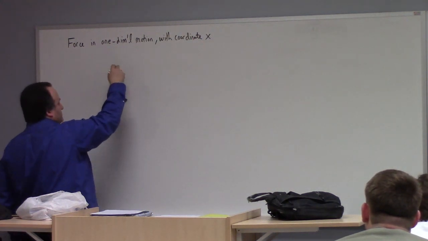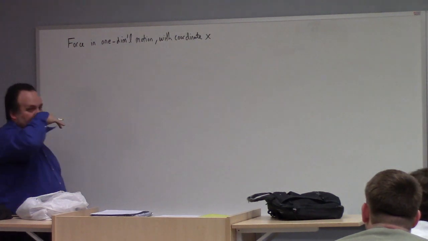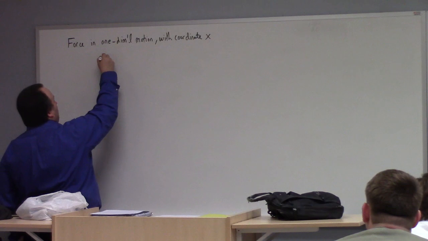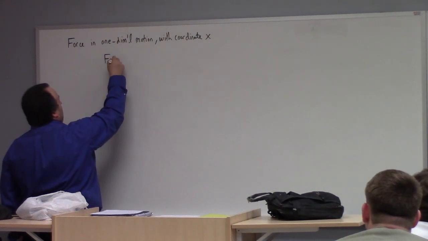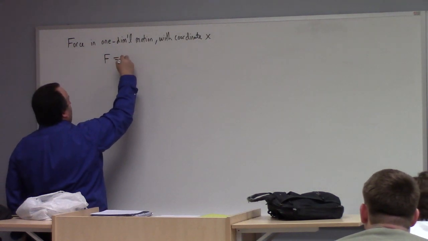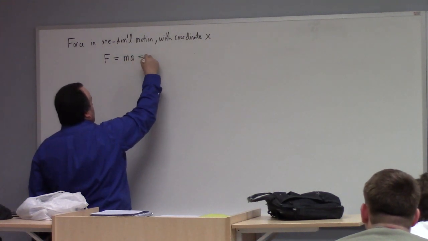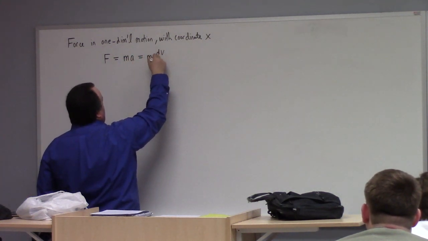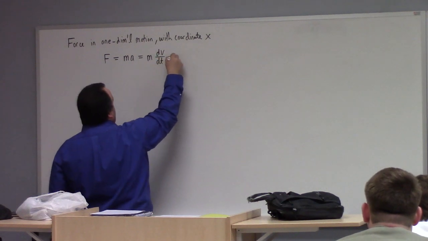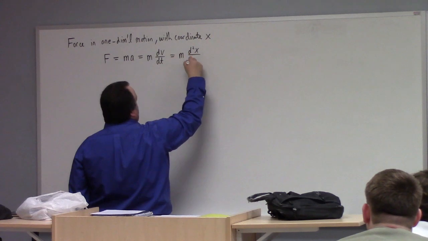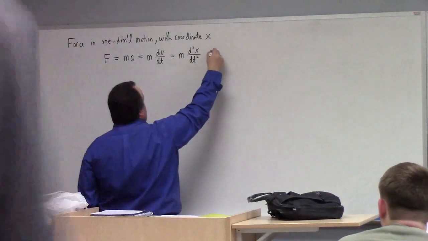So let me just give you a brief rundown of a few things from physics. Newton's second law says that F is equal to the mass times the acceleration, but we could also write that as mass times dv/dt, right? Or if you like, mass times d squared x/dt squared. So this is Newton's second law.